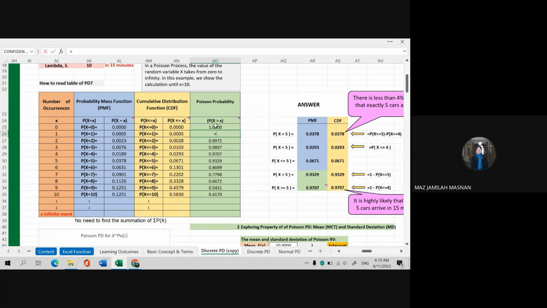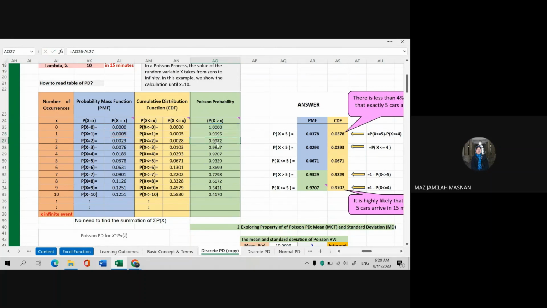For the next one, it will be the previous probability greater than 0, minus the exact value of 1. Sorry, I would repeat again. The probability of greater than 0 minus probability exact value of 1 success.